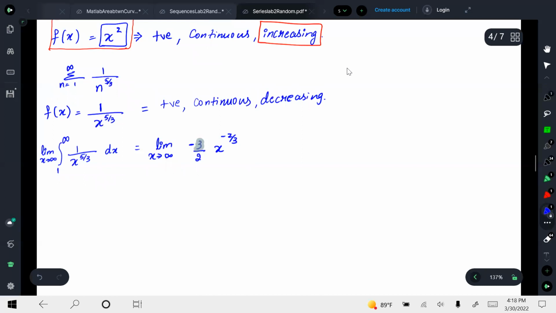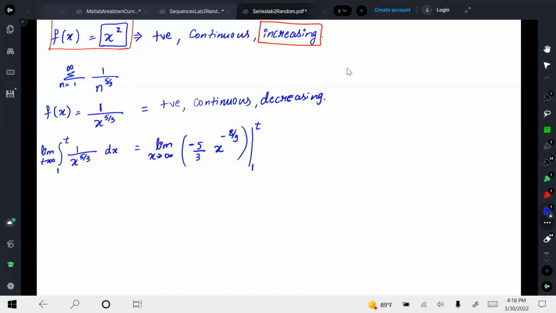Oh, this is 5. It is 5/3. Okay, and apply limits from 1 to infinity, or you can take it as t. This is t to infinity. Remember, we did this in the previous lab, right? So we get the limit.